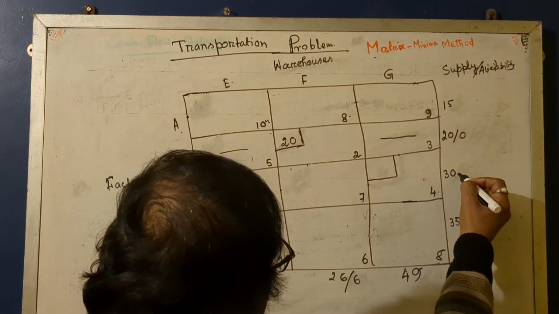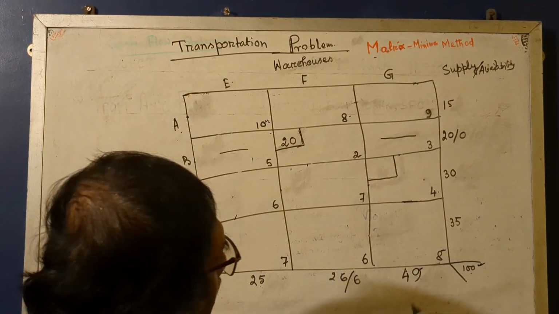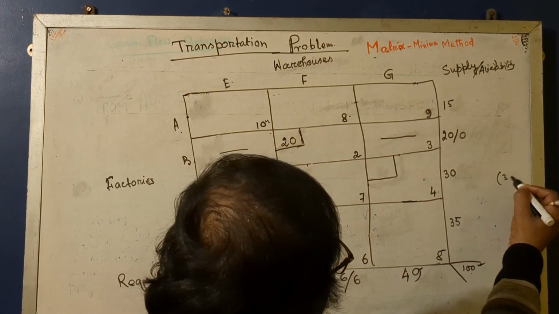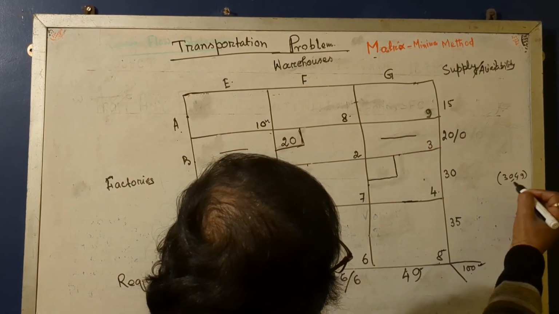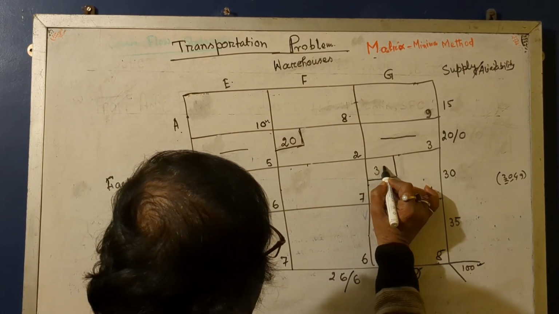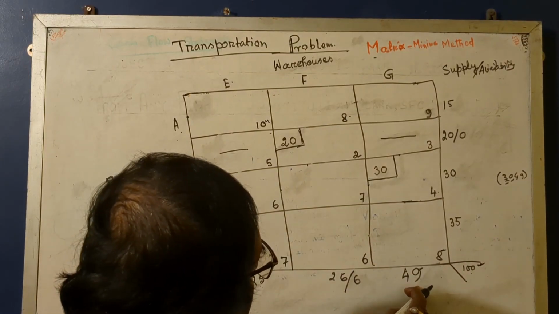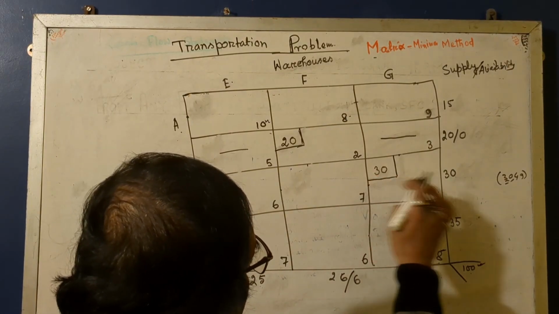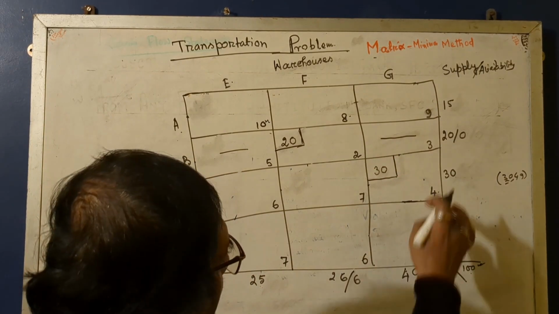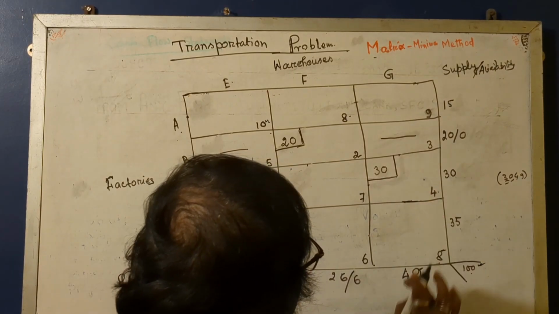From 30 and 49, you select the minimum one, which is 30. That's why you will allocate 30. If instead of 49 it were 28, then how much would you allocate here? Of 30 and 28, you would allocate 28. In this way, you put the minimum of these two.